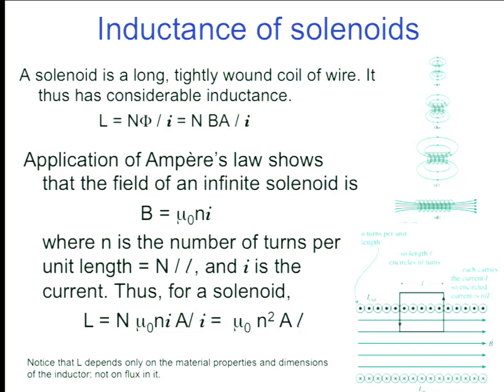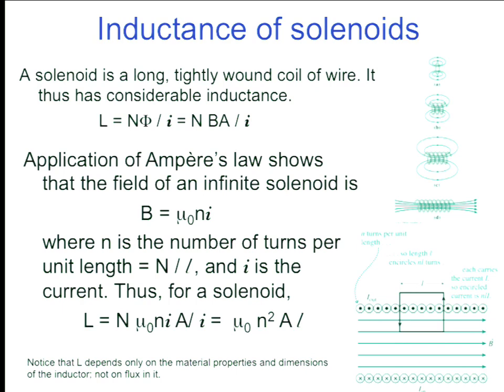And I think it was just simply mu zero n I. Let me stick with the notation of I, with little I. n here is the number of turns per unit length. I have to make a small l there because we're going to be using big L for inductance. And so that's the field. The flux is B times A.